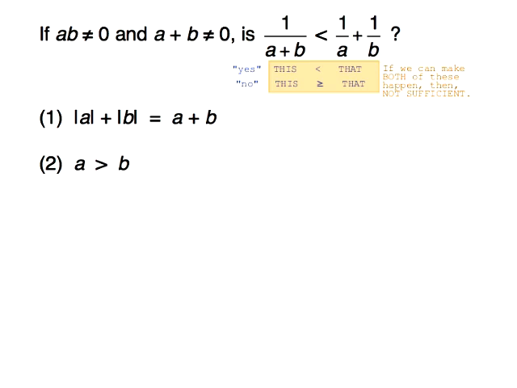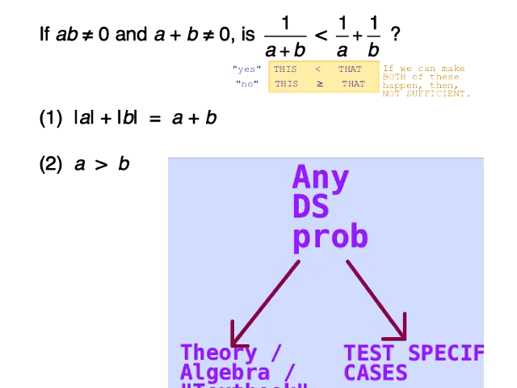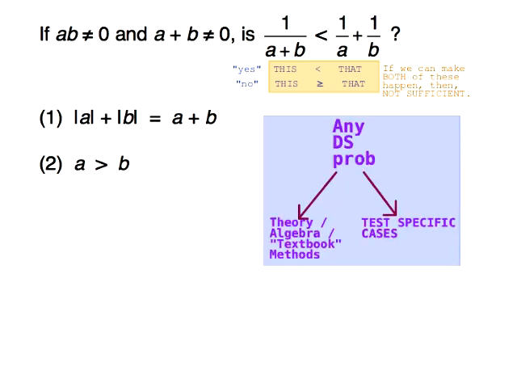What you're going to find with inequalities in general is that in a lot of these cases, you're going to have to start thinking about cases of numbers. With data sufficiency in general, there's basically two different families of approaches to these problems.